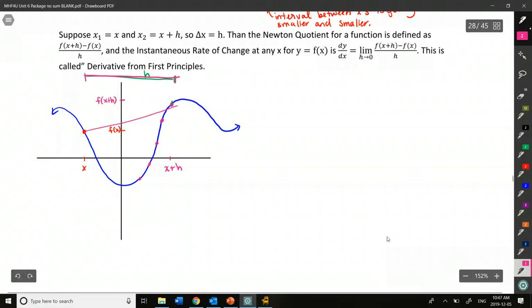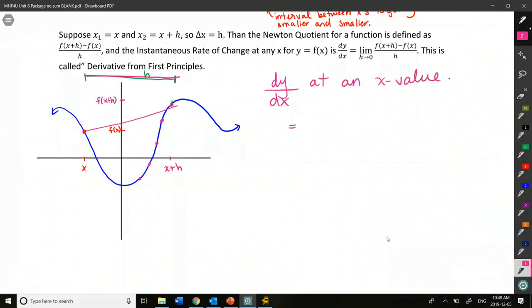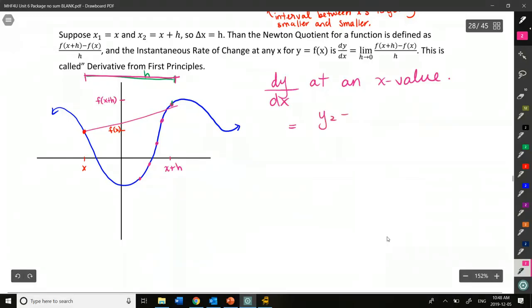So if I'm trying to find dy over dx, so the instantaneous rate of change at some certain x value, I normally will try to use an average rate of change over a certain interval, right? So we'll try to do y2 minus y1 over x2 minus x1.